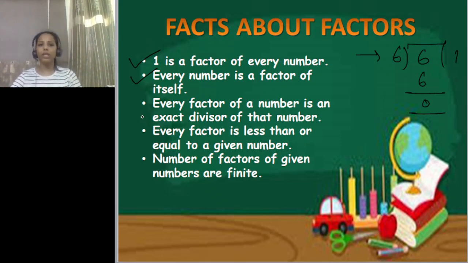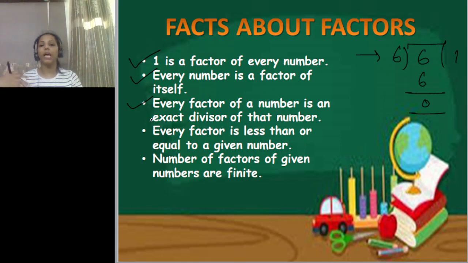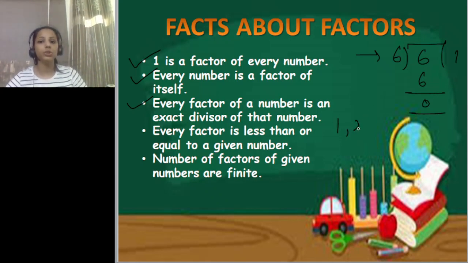Every factor of a number is an exact divisor of that number. This was the definition of a factor itself, right? For example, the factors of 6 were 1, 2, 3, and 6, right? So 1, 2, 3, and 6 will divide 6 exactly, they will be exact divisors of that number.